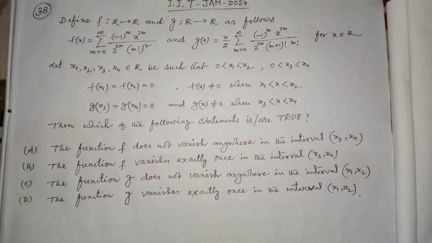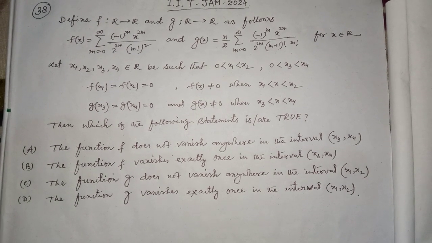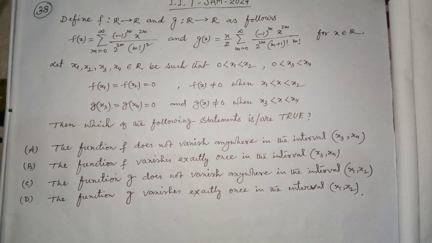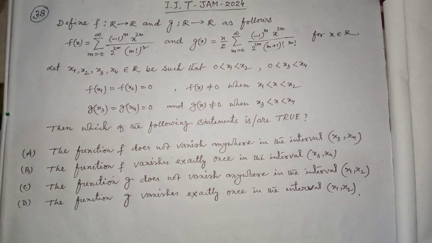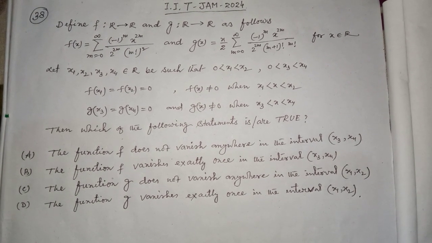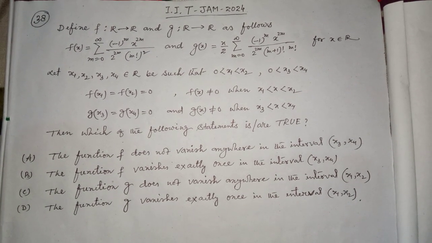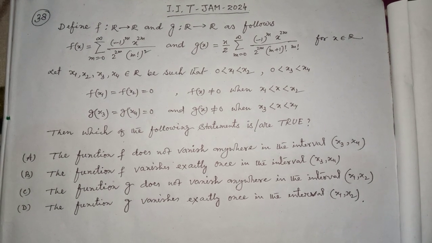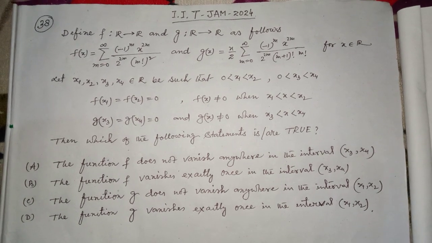And option D, the function g vanishes exactly once in the interval (x1, x2). So this is question number 38, a question of section B, where one or more than one option are true. Now let us try to solve this question.